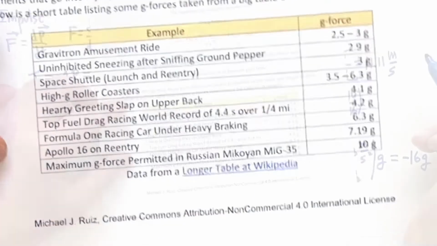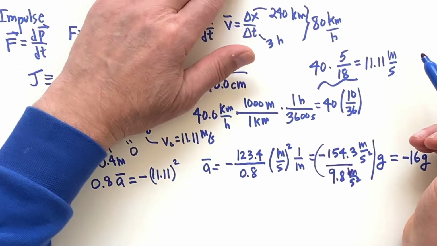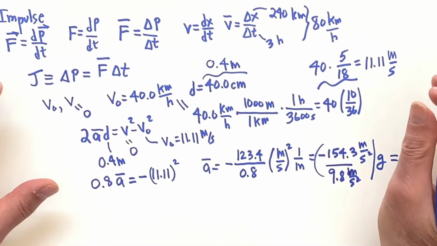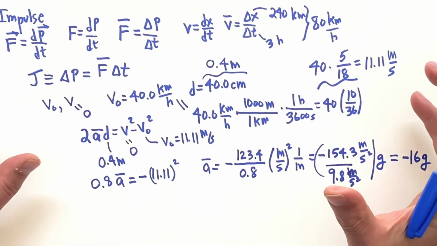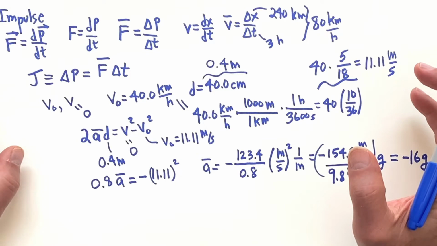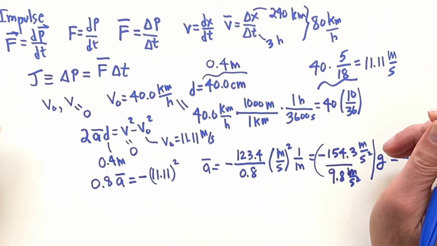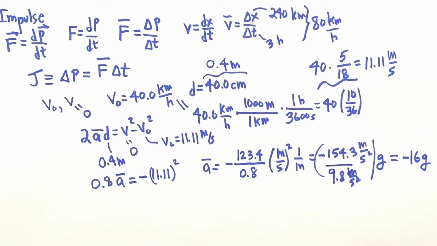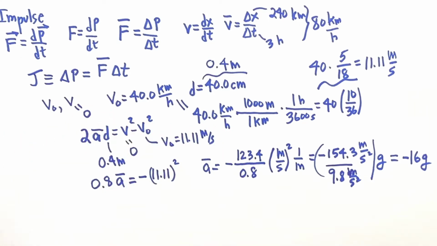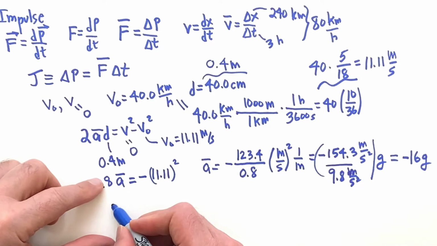All right. So how can we use this concept of impulse to see how we can use an airbag to show that the G-force can be reduced? What we would like to do is find that delta T. Now that delta T is not easy to find, but the velocity and the distance we could find, so we can get that delta T by using kinematics.